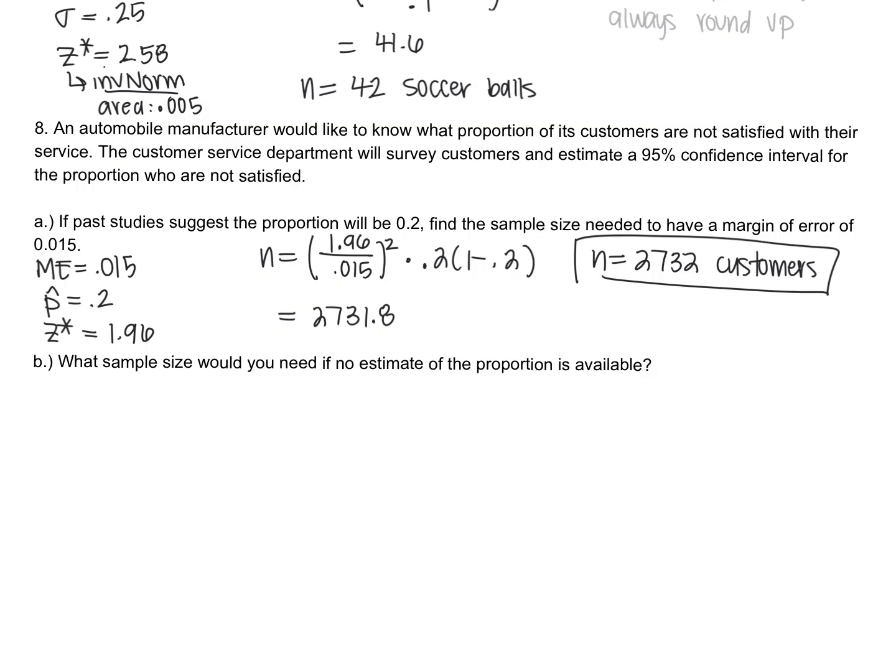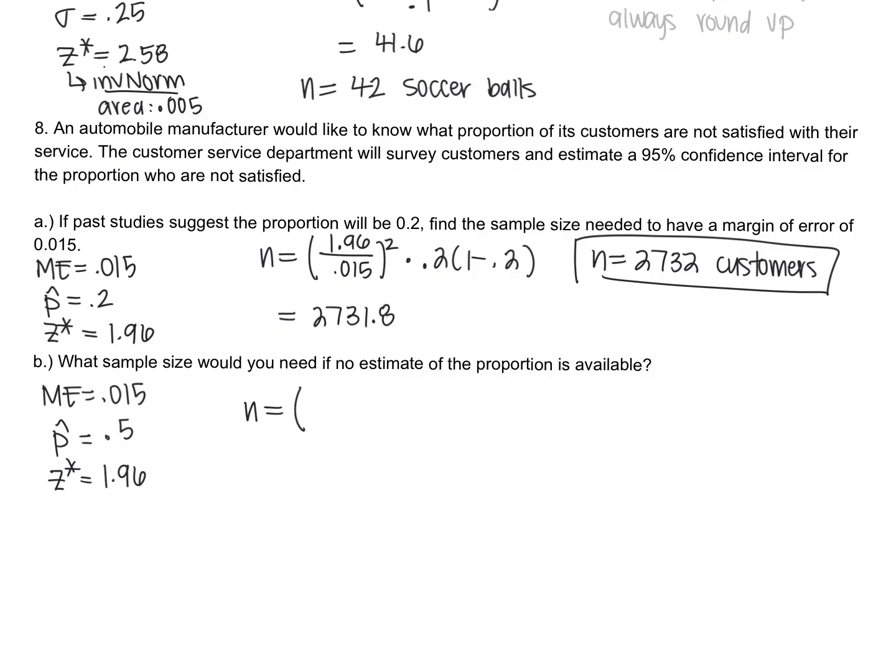Now in part B, what sample size would you need if no estimate of the proportion is available? So the margin of error doesn't change. It is still 0.015. But if we don't have a previous p hat, we always use 0.5. And we're still doing a 95% confidence interval, so our Z critical value is still 1.96.